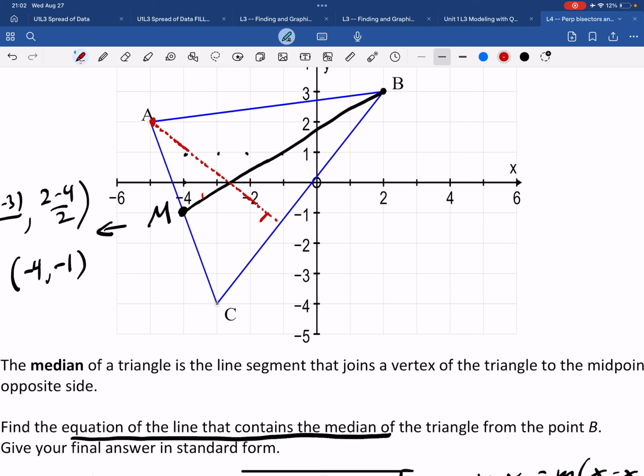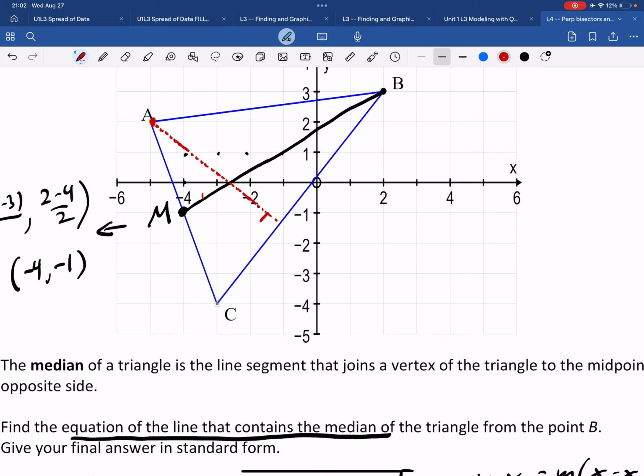That's going to be the altitude. If you notice, guys, it's got the negative reciprocal slope, right? If we can find the slope of BC, the slope of this will be the negative reciprocal. And the point that it goes through is actually A.